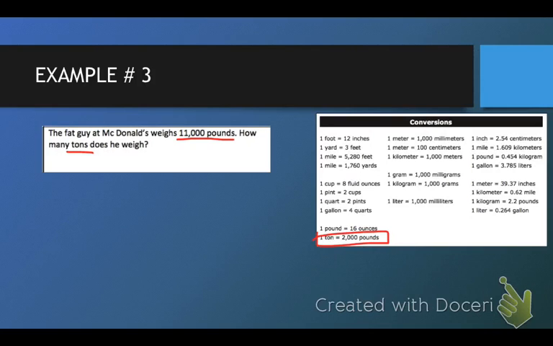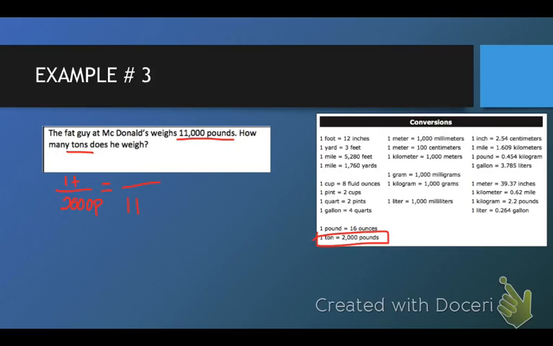So let's go back over here, and we're going to go ahead and put it in this area. And I'm going to have to write it in the blue. 1 ton equals 2,000 pounds. Okay, now we have in our word problem, 11,000 pounds. Well, we need to make sure the labels are correct and in order, so 11,000 goes down in the bottom.